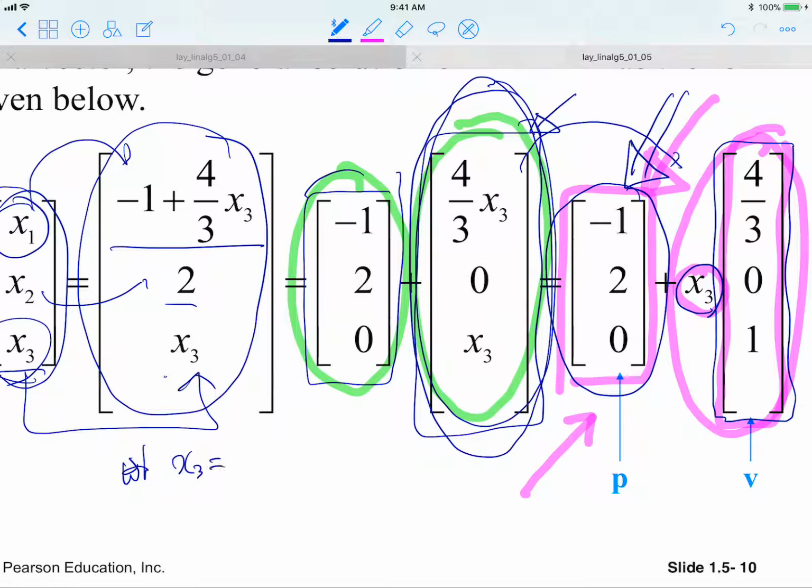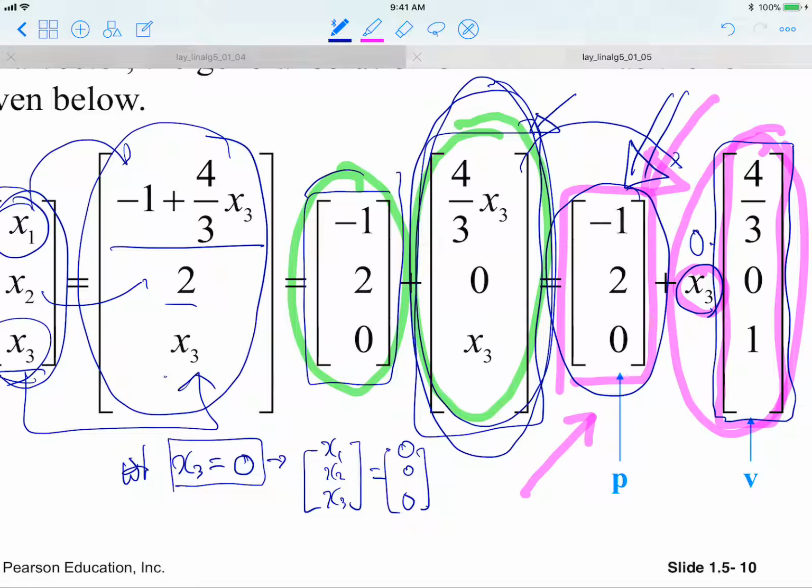When x3 was 0 in the previous homogeneous linear system, what was our solution? It was 0 times this vector, and thus it was simply the origin. So the origin was the solution vector when we chose our free variable as 0.